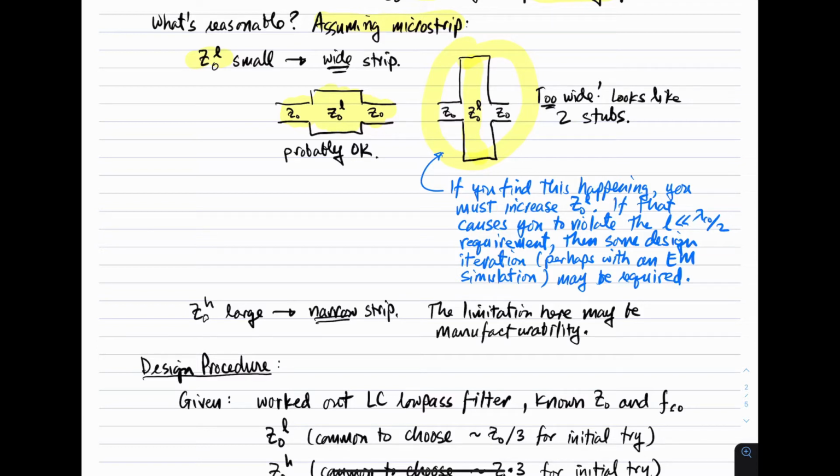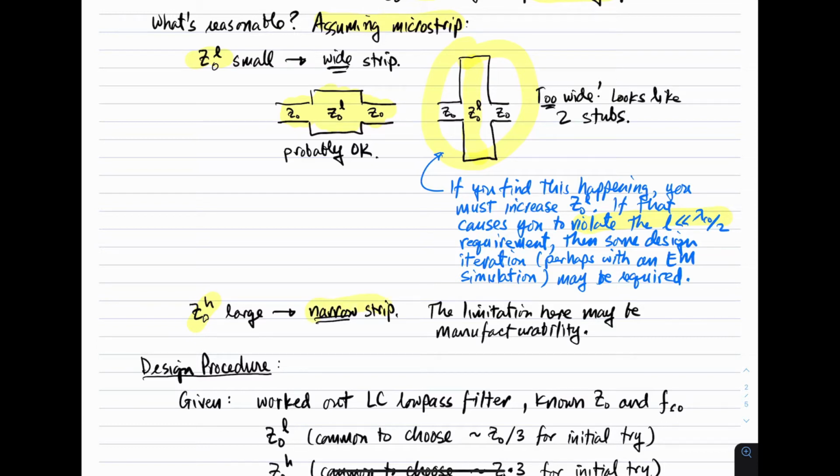Now, the problem with that is that might cause you to violate the electrically short requirement. Well, in this case, now you've got a tougher design problem. You might have to do some kind of EM simulation to figure out what you can get away with. For Z0H, that's something we want to have a large characteristic impedance. That means a narrow strip.